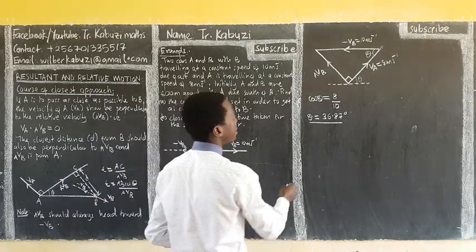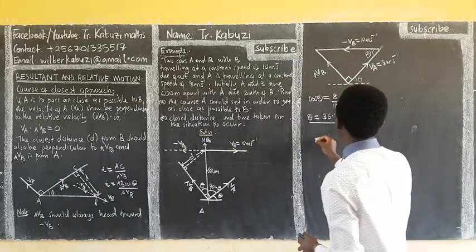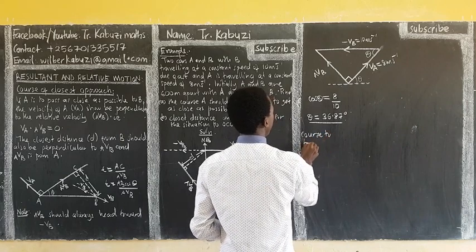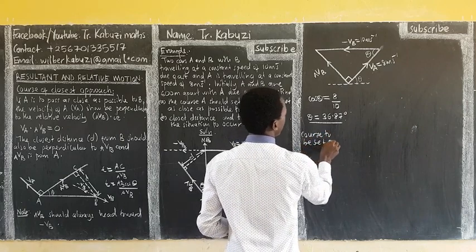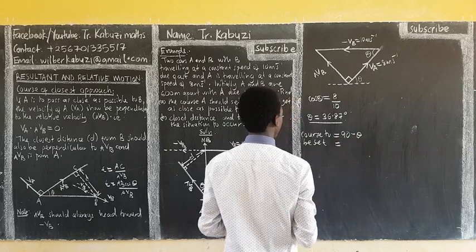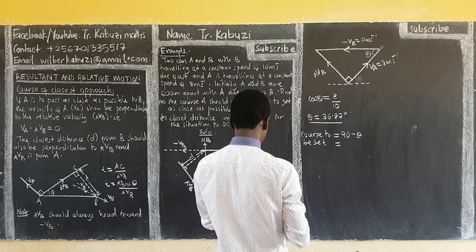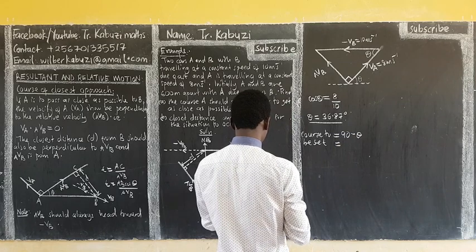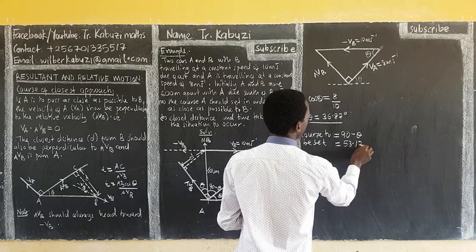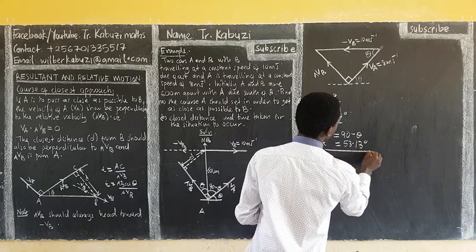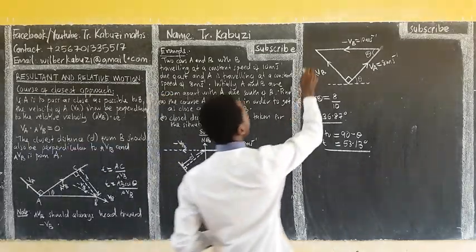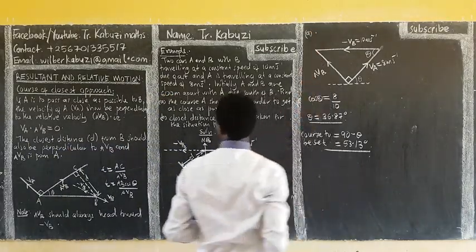So the cos to be set is 90 minus theta, which is going to give us 53.13 degrees. That's going to be our answer. So that is the cos. As simple as that. Once you know the basics, the rest are going to be very easy.